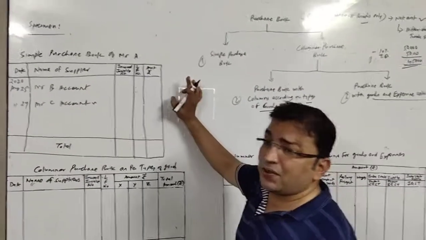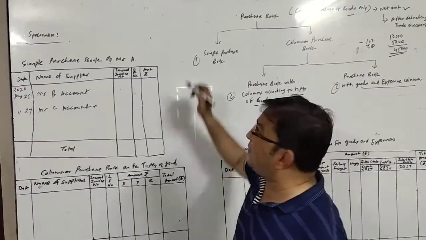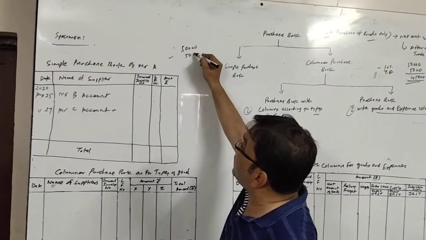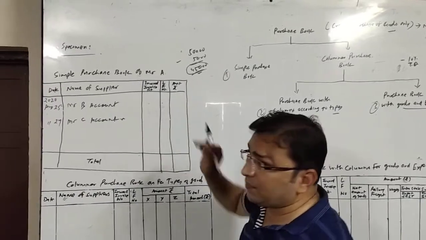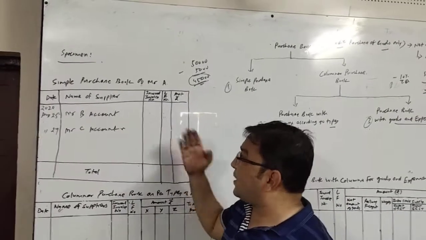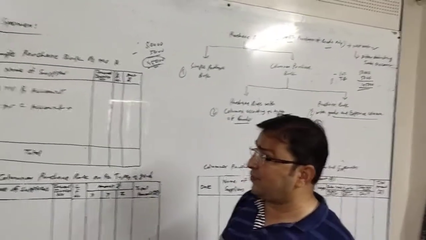And the last column is of amount. Here the amount will come. As we have taken one example, suppose we are buying goods of 50,000 at 10% trade discount, so deducting 5,000 of discount, 45,000 will be recorded here. Another day we are buying 10,000 goods at 5% discount, then 9,500 will come here after deducting trade discount.